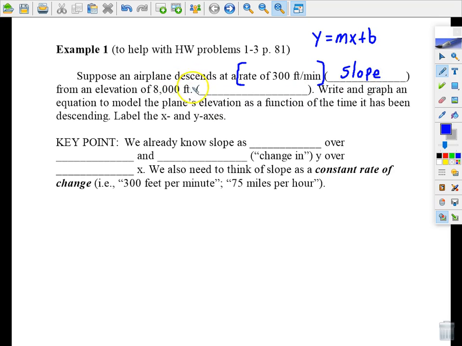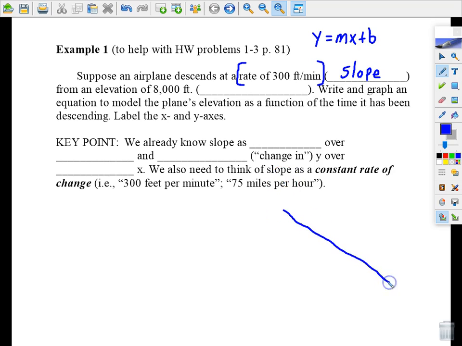Now, it also matters the direction that the object is headed. The fact that this airplane is descending is important, because that tells me that in just a minute, when we start to get specific about this equation, the slope needs to represent a line that's doing this.